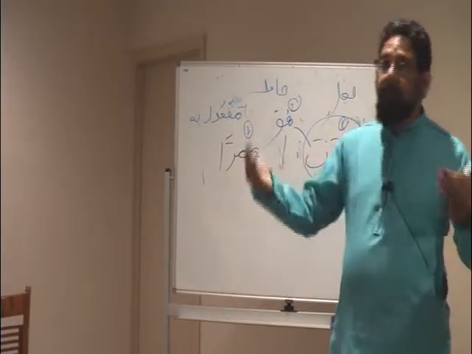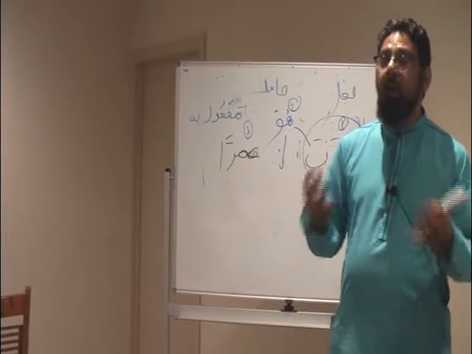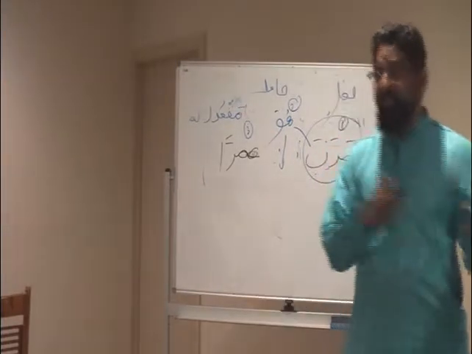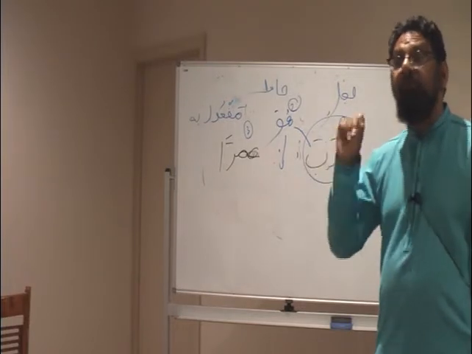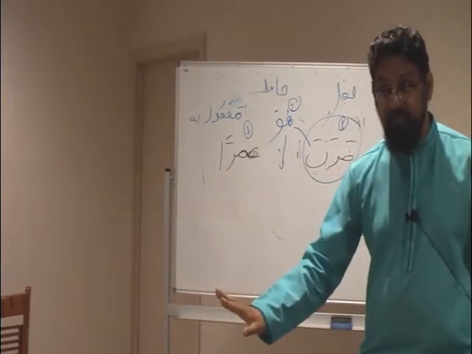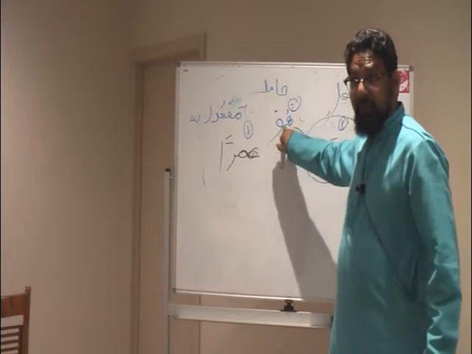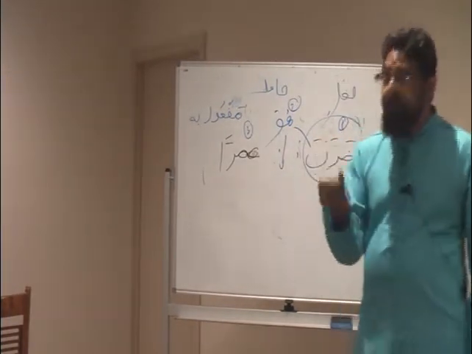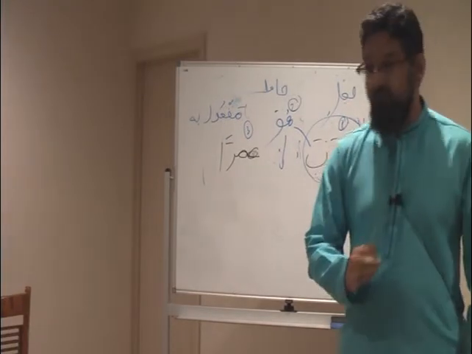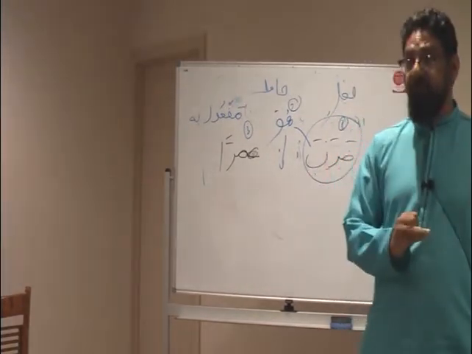If it's Baytun, Baytan, Baytin, these words will always 100% reflect the state. But there are certain words like personal pronouns that do not reflect the state, but they're still in that state. This is still in rafa. But you would describe it as a word, you'll say this is an ism, it is a mabni ism that's in the state of rafa.